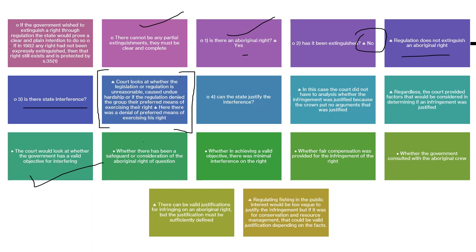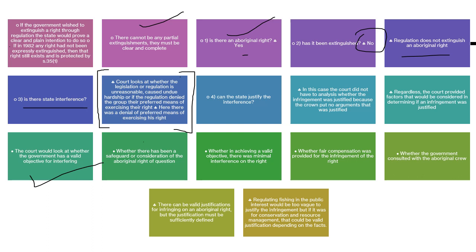Whether, in achieving a valid objective, there was minimal, least interference with that particular aboriginal right. Whether any fair compensation was given to the person whose right was infringed. And whether the government consulted the aboriginal leadership before making that legislation.